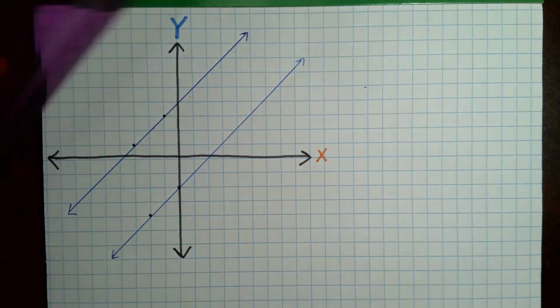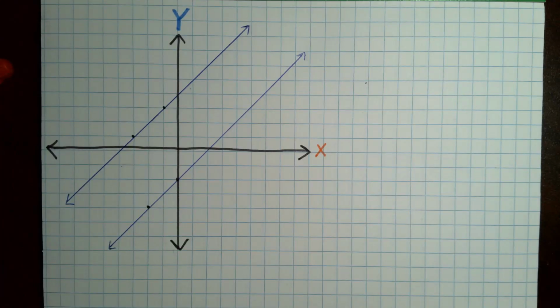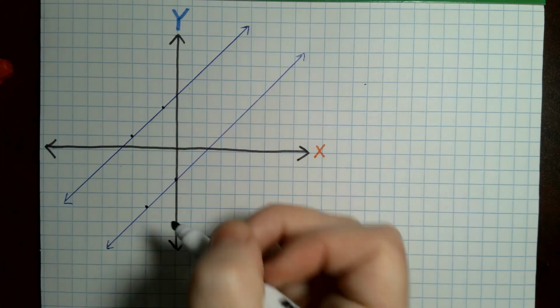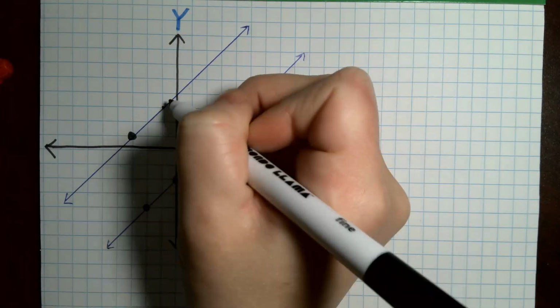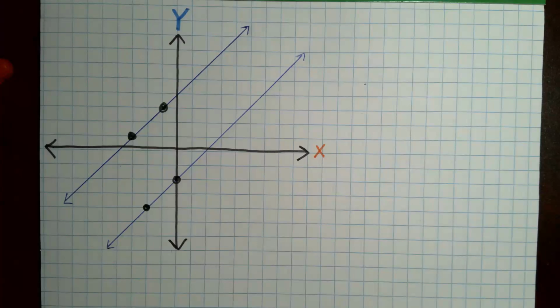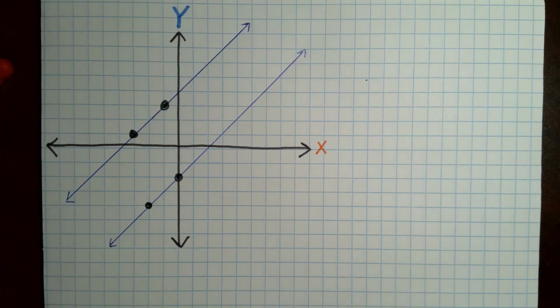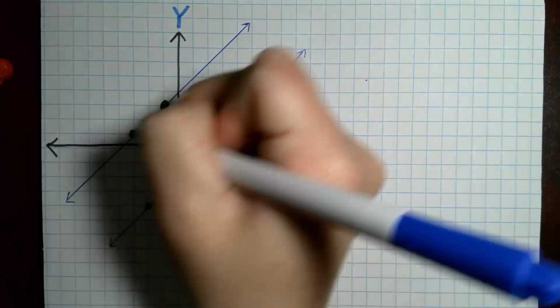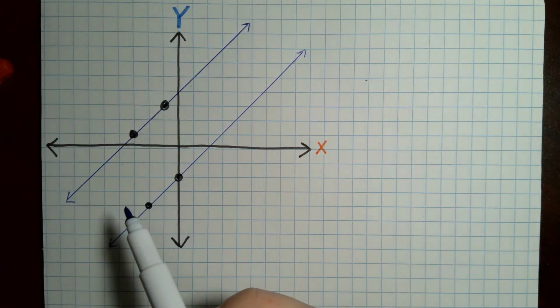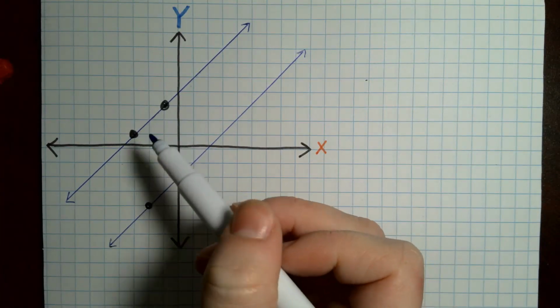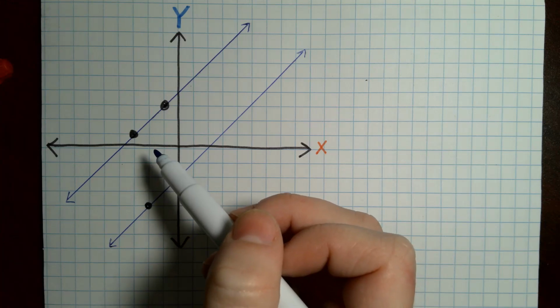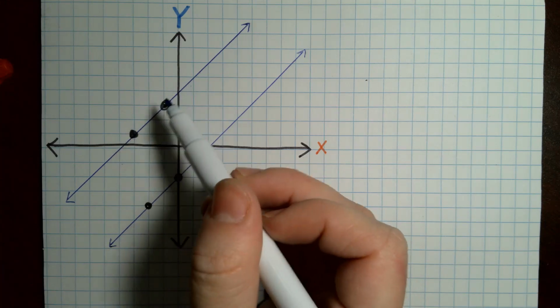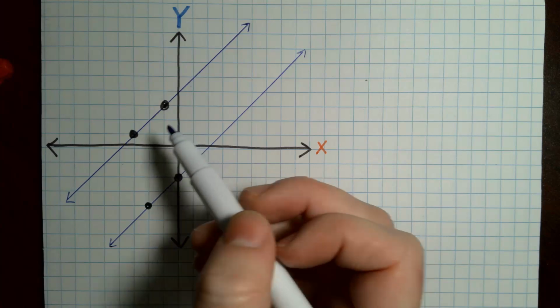Okay, so let's visually see if we can figure out the slope of each line by counting our rise over run. So let's start with this line here, the one on top. How am I going to count my slope here? What would I do? Just on this first line. Well, count up to.